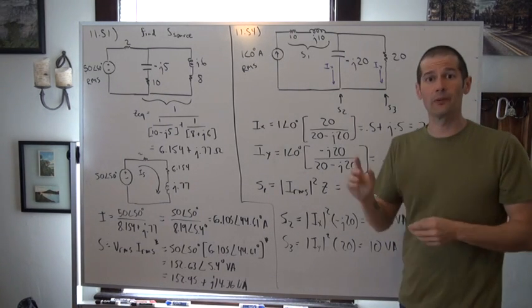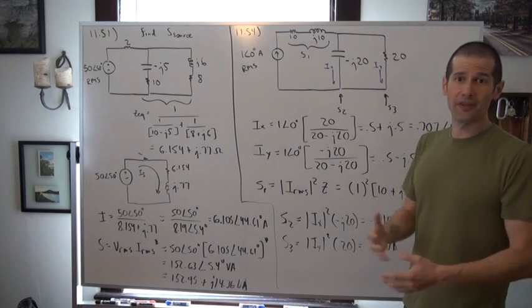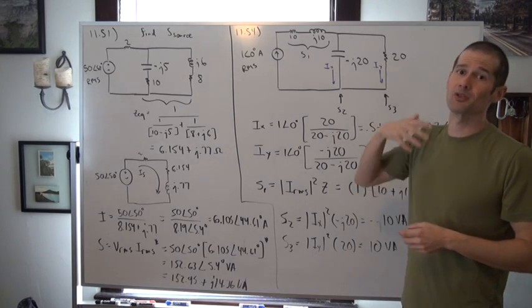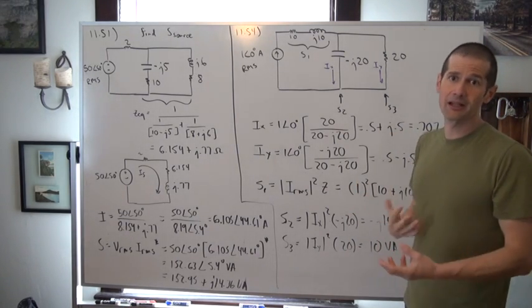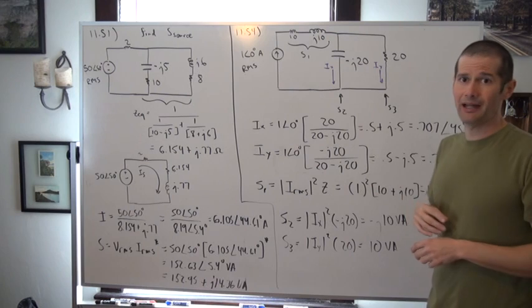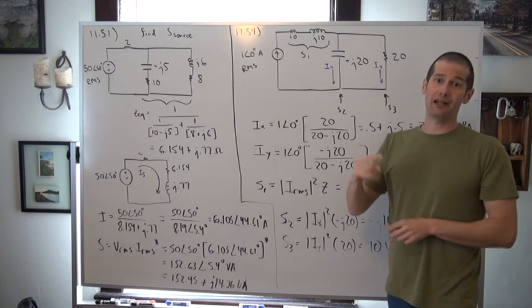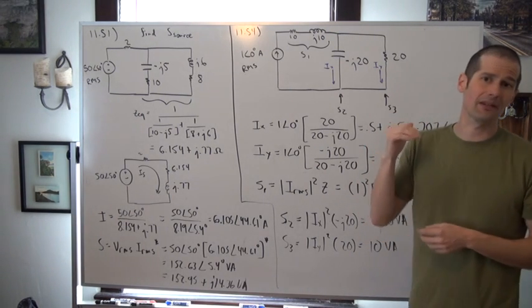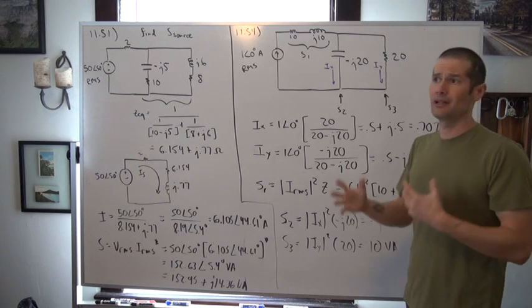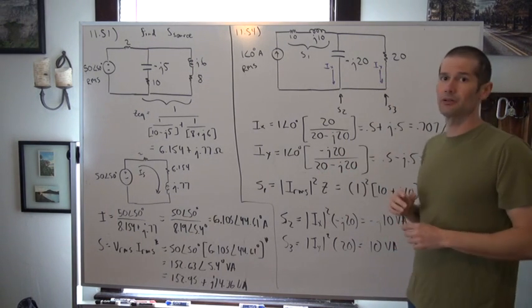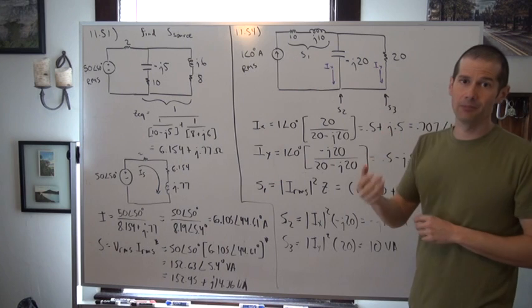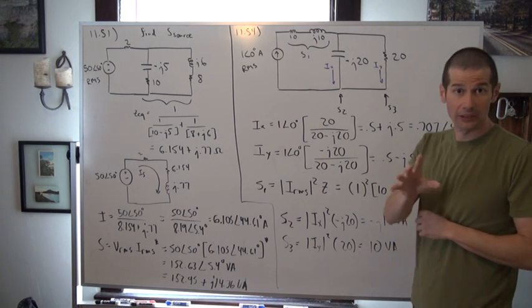Same thing for the resistor. We know that in a resistor, the only thing that we're going to have is real power because we're absorbing that energy. We're burning it up. So we still have to say, even though we know that's watts, if they ask for complex power in that branch and if it has only a resistor in it, then the only thing that we're going to need to put down is basically that complex power in terms of volt amperes. So let's take a look.